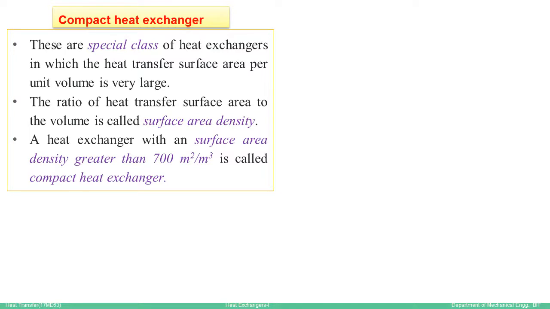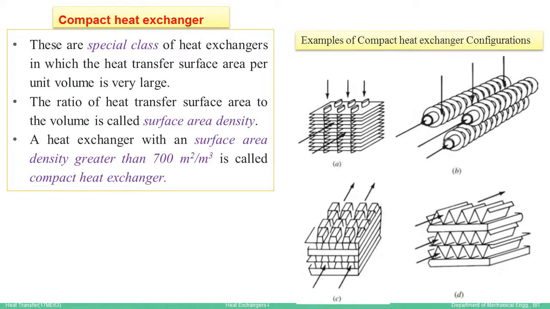A heat exchanger with surface area density greater than 700 square meters per unit volume, that is 1 cubic meter, is called a compact heat exchanger. There are many different configurations in order to increase the area.